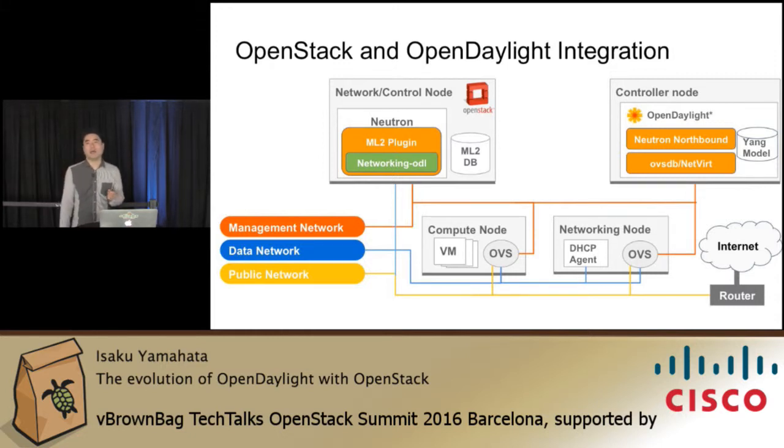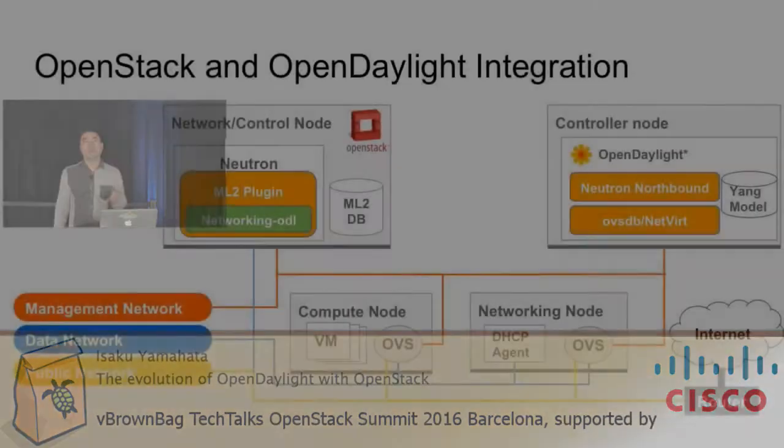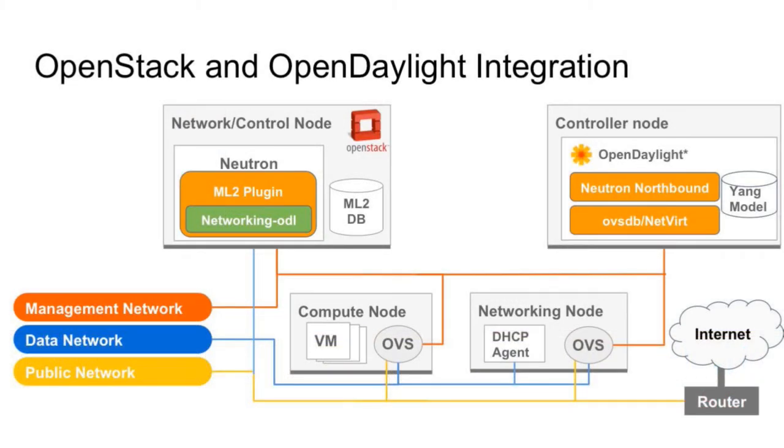Networking-odl provides many drivers for Neutron for various functionalities: L2, L3, and other advanced functionalities like L2 gateway, SFC (service function chaining), and so on. And that team has been working hard to improve its quality.